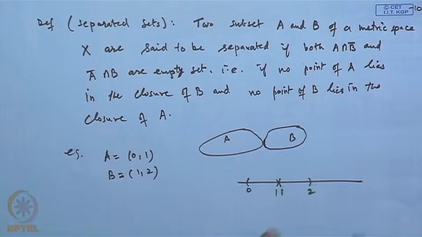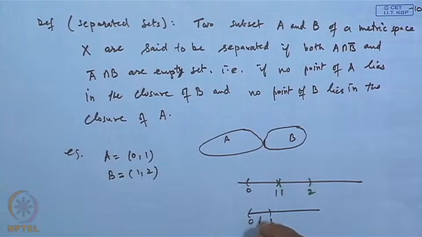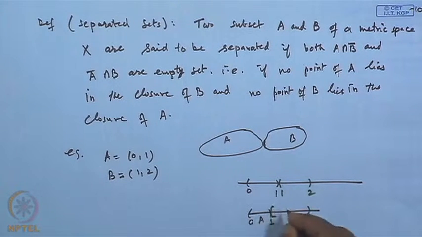Now, if we look at the closure of B, it is [1,2), which includes 1 and is open at 2. But 1 is a point which belongs only to B bar, it does not belong to A. So, neither the points of B nor its limit points belong to A.